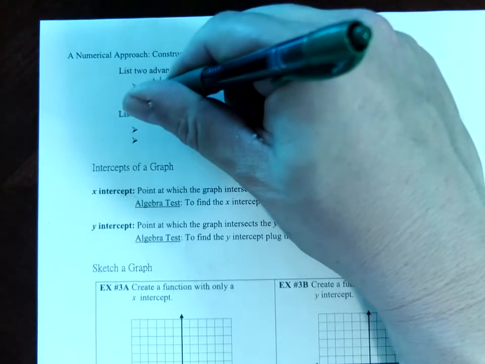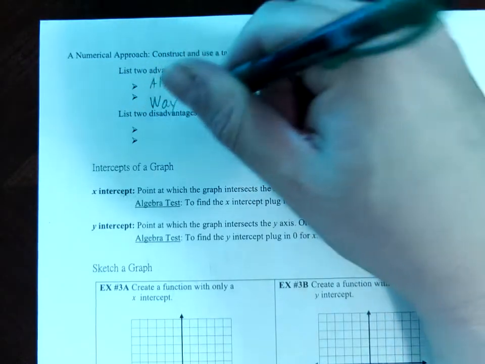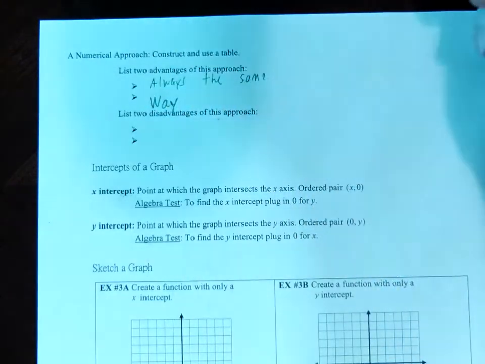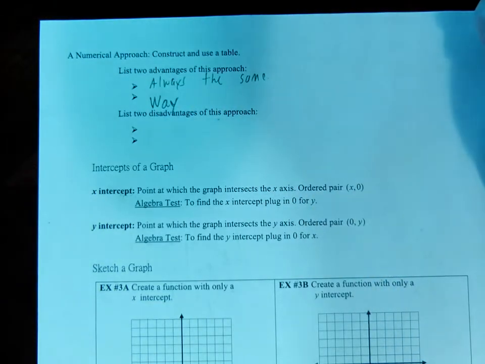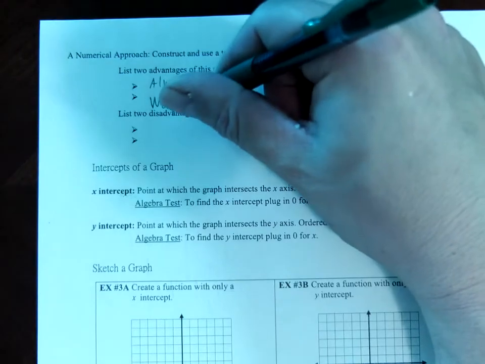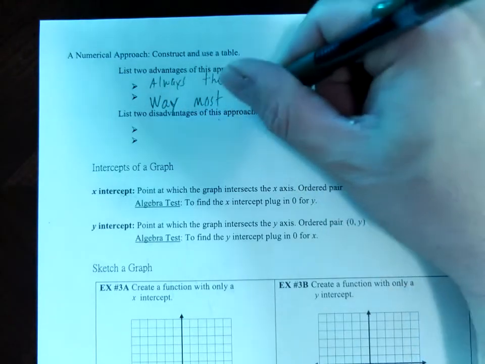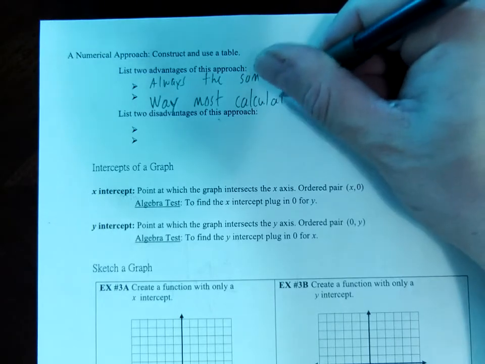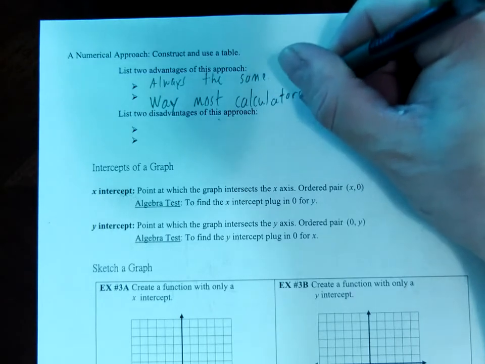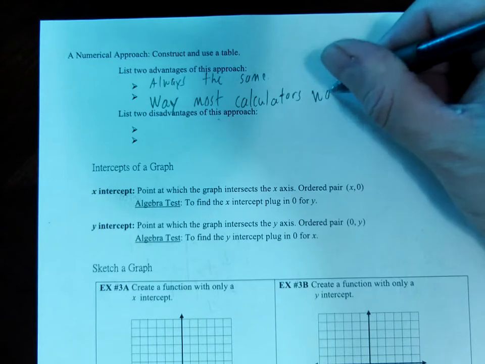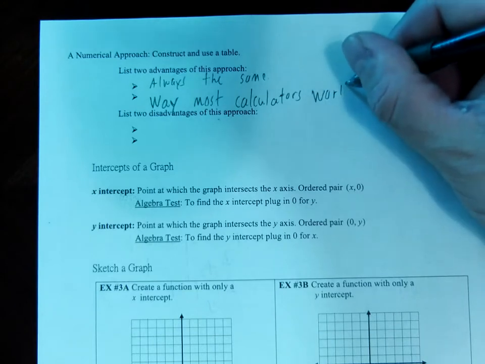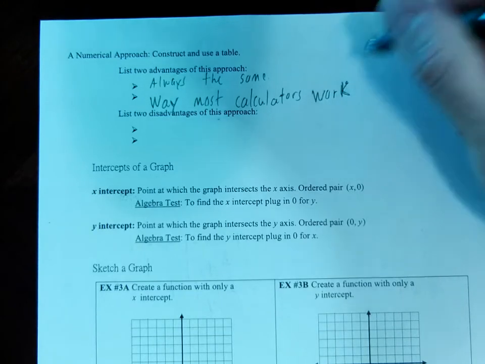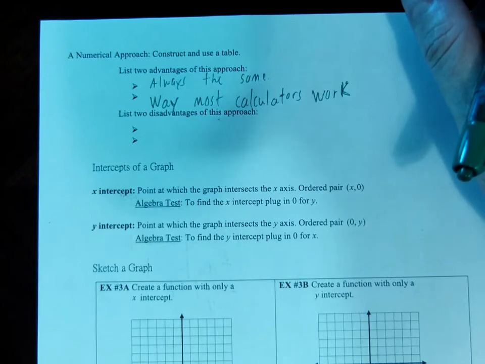A calculator doesn't know what type of equation you've used. When you plug it into a calculator, this is the way most calculators work. And when I say most, there are some that do different things with equation graphs if they can recognize certain aspects of an equation.